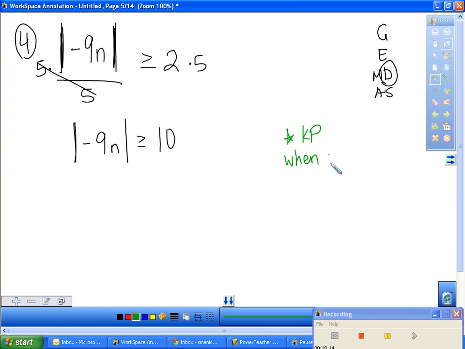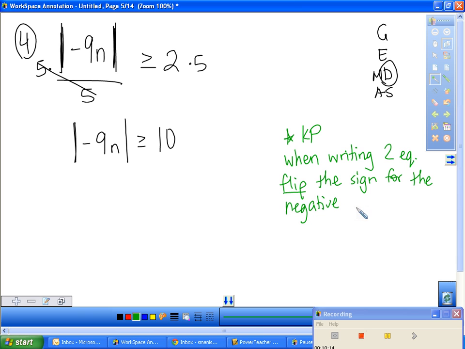When writing two equations, you need to flip the sign for the negative equation. Right? So just like we did with our equations, we do the same thing for inequalities.